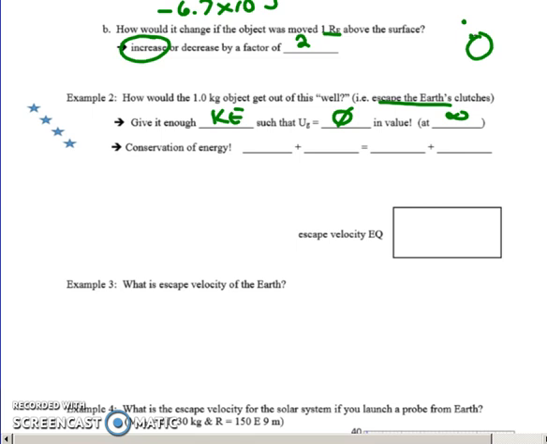So let's say we're starting right here at the surface of the Earth. We want to start with enough kinetic energy to overcome the potential energy that we're already in, right? When we're by the surface of the Earth, we have a potential energy, and we want it to equal a new kinetic energy prime plus the new gravitational potential energy.